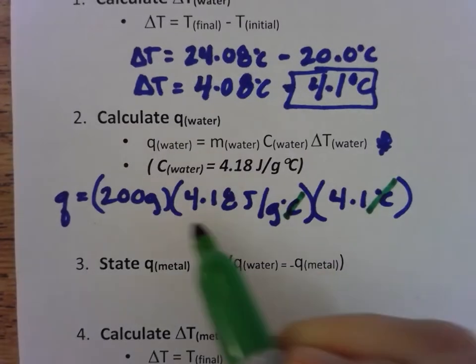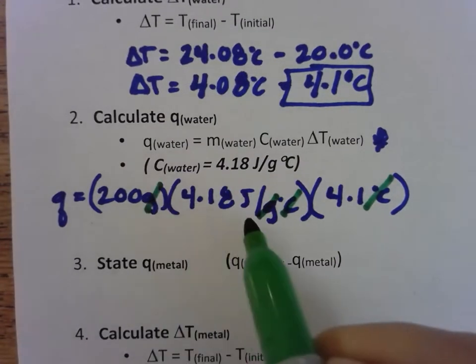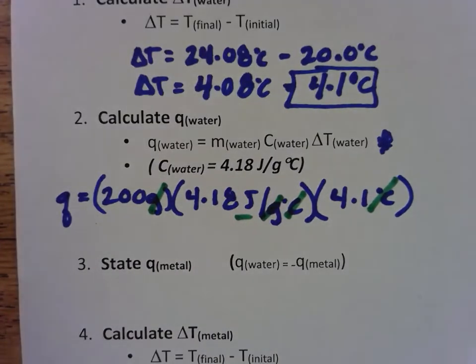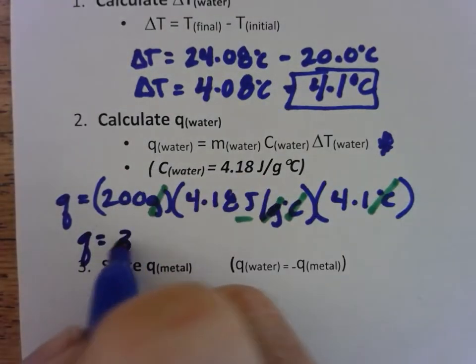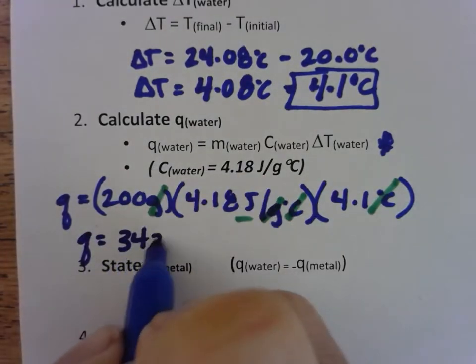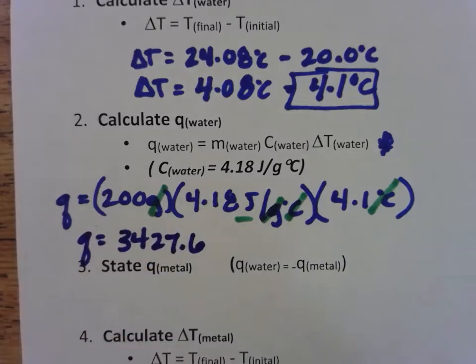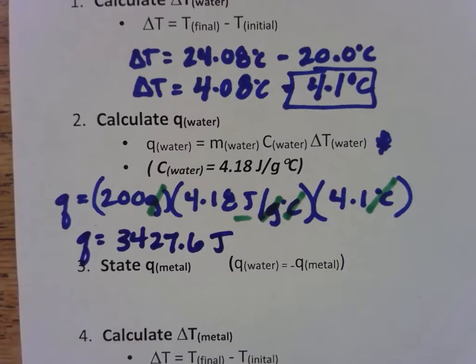Celsius goes, grams go, and I'm left with joules. I pick up my calculator, and I got 200 times 4.18 times 4.1, and I get Q is equal to 3427.6 joules.